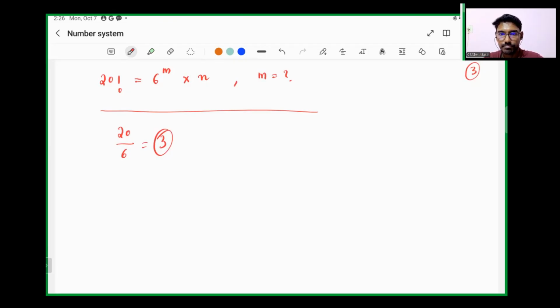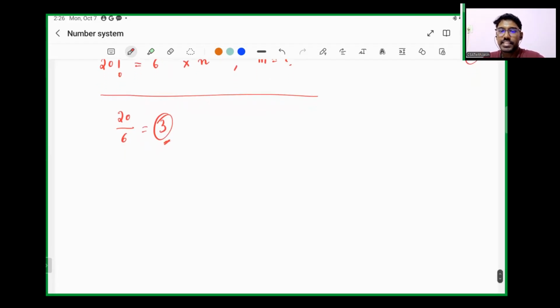Anyone? Actually, this is similar to what we did with the number of zeros at the end.